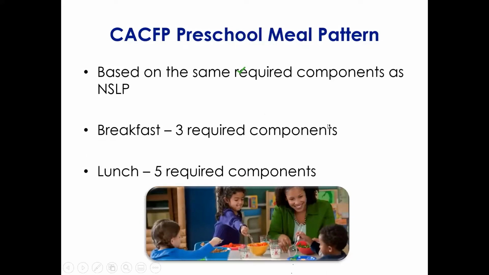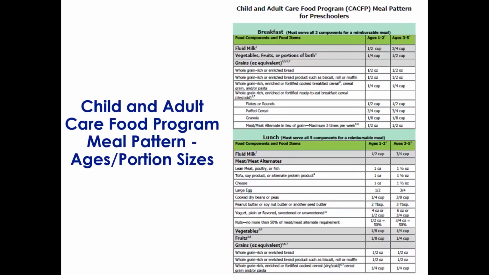The good thing here is that it's based on those same required components as the school breakfast program and the school lunch program. For breakfast, there are still 3 required components, and for lunch, there are 5 required components. So again, it follows some of the same patterns, but portion sizes, as we'll see, are impacted, as well as a couple other requirements.